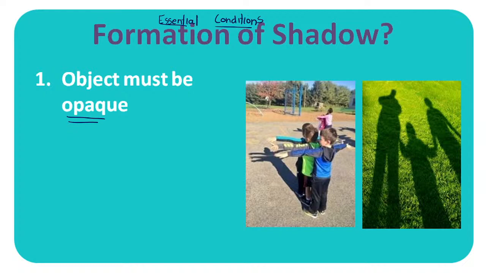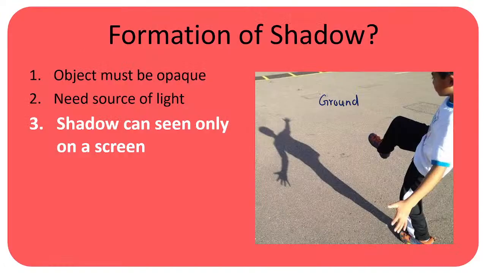So there has to be something on which the shadow will form, and that something is called what? Screen. So a shadow can be seen only if there is a screen. Will you be able to see the shadow if there is no screen at all? Of course not, right?